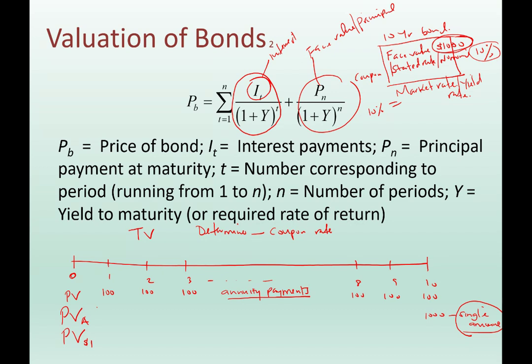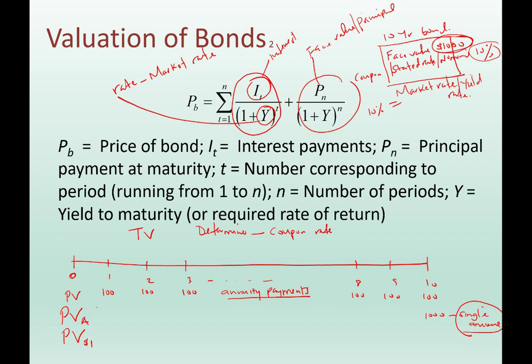But in terms of discounting this, to determine the present value, remember, we are discounting this using Y, where Y is basically the rate. But what kind of rate? It is the market rate, not the coupon rate. It's the going market rate for bonds with similar risk in the market today.